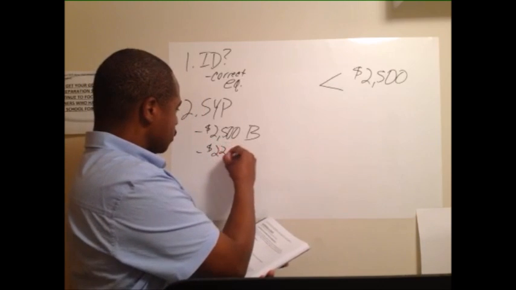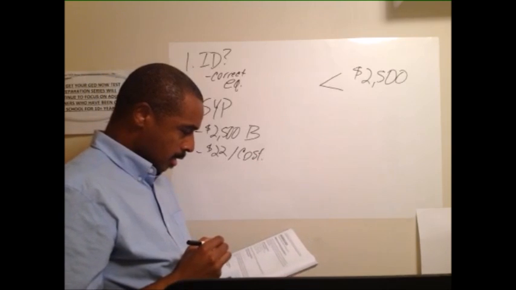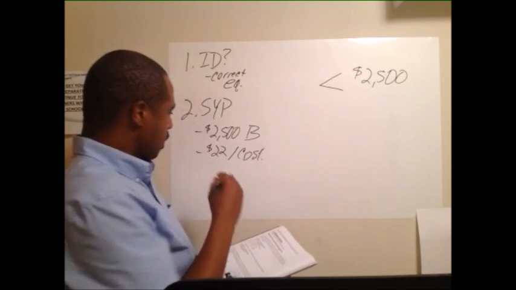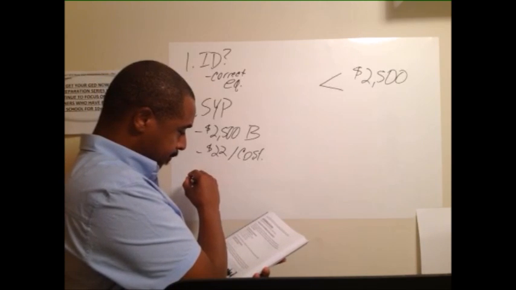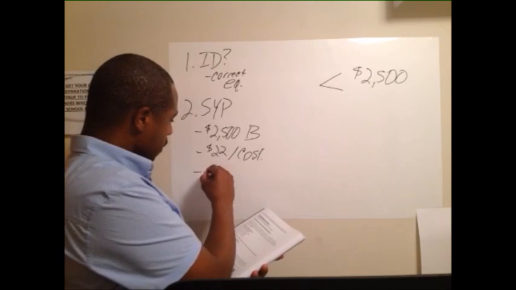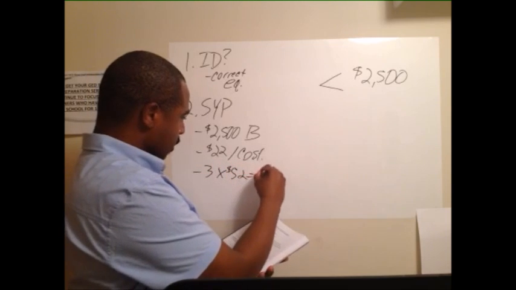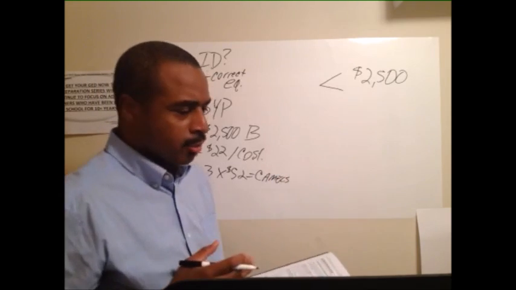So $22 per costume. I'm just going to abbreviate that. We know that the 3 camels for the wise men were $52 each. Okay, so we know that we have 3 times $52 for the camels. Okay, all we're doing is listing out the problem.